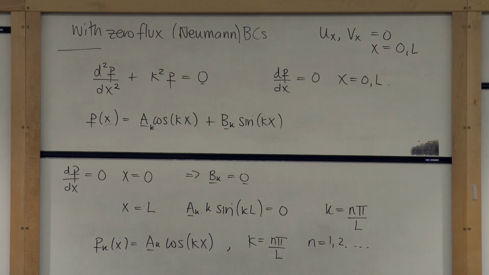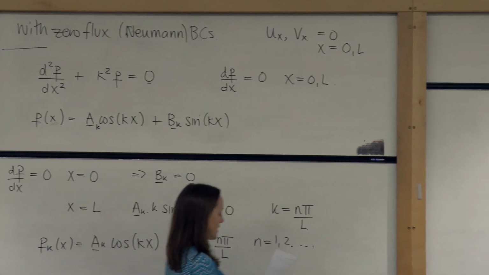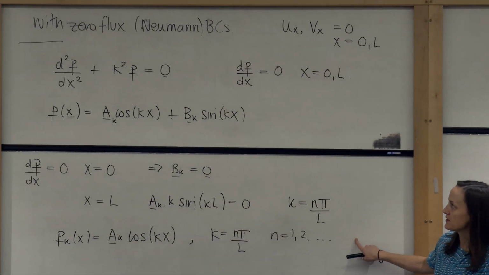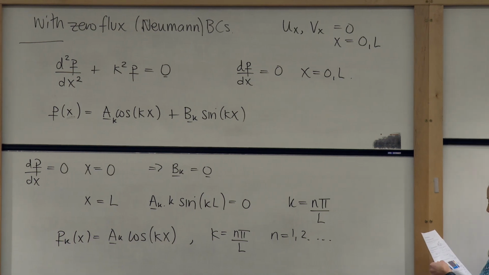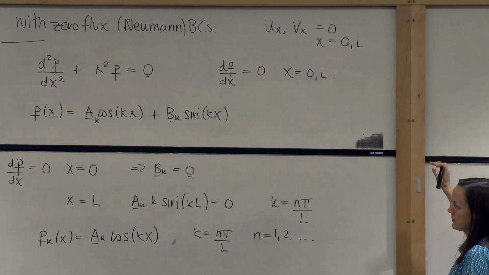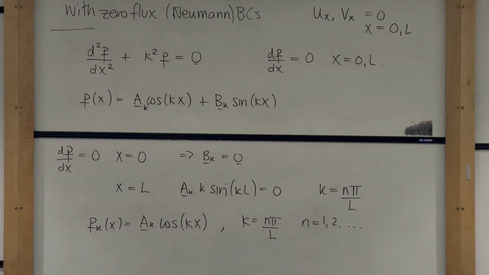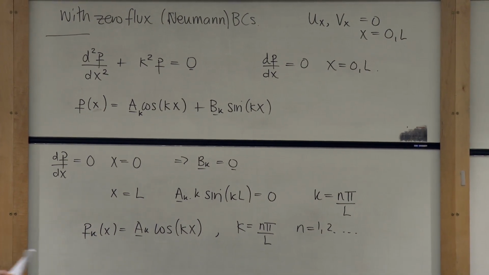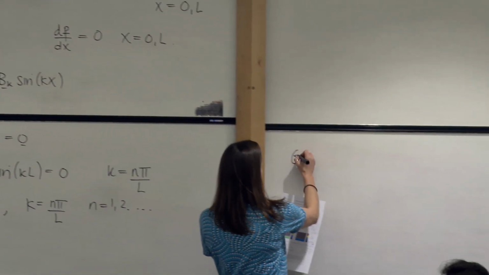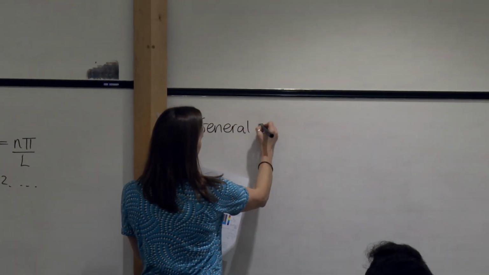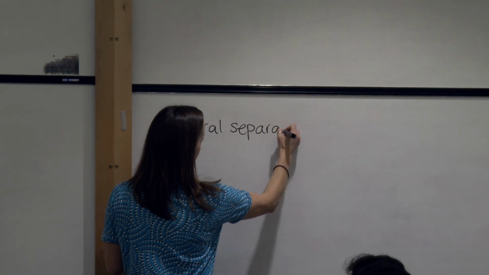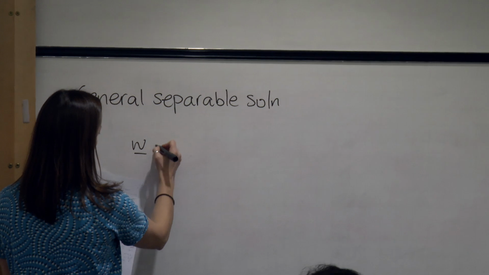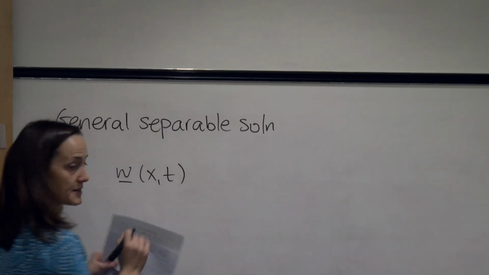So what does our general separable solution look like? We found all the allowable values of k, then my solution for my perturbation, I was trying to remember what I called it in the lectures before. I think we called it W, didn't we, for our small perturbation, W of x and t.